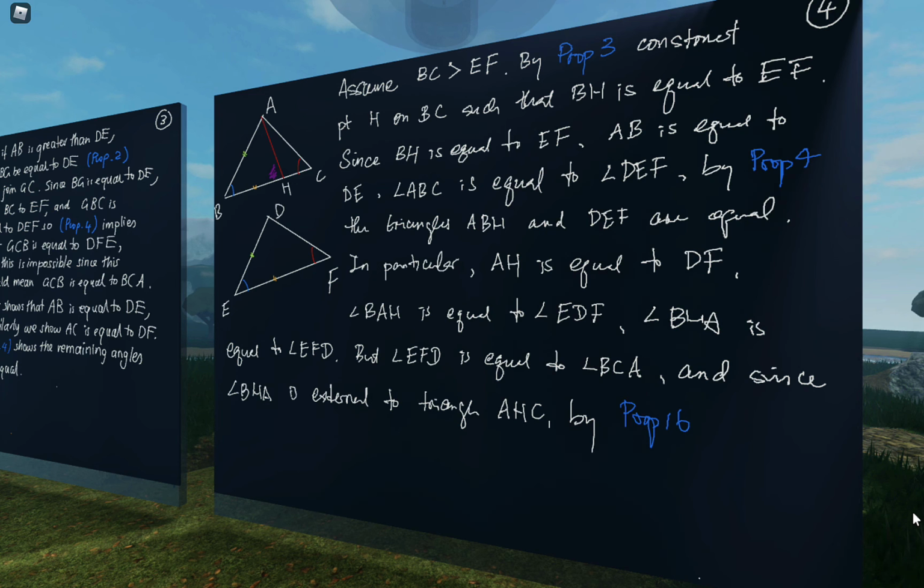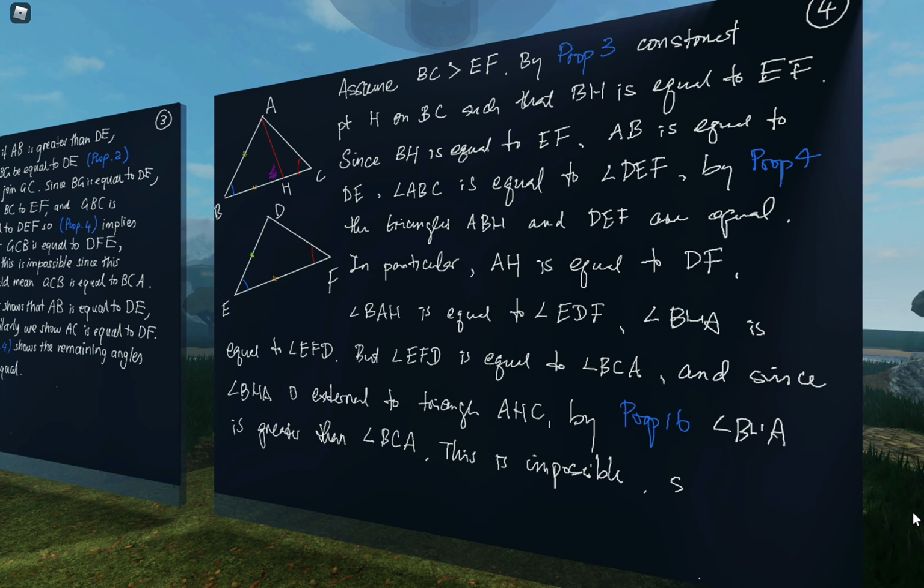So by proposition 16, angle BHA is greater than which one? Well, it has to be the one that's marked, so ACB or BCA, I'm using consistent notation here. BCA. So this is impossible because we said they were equal.